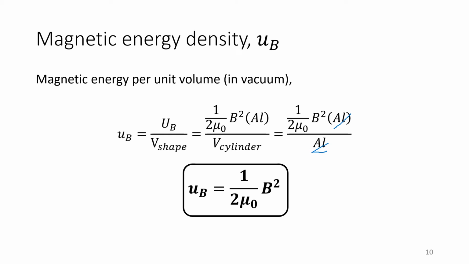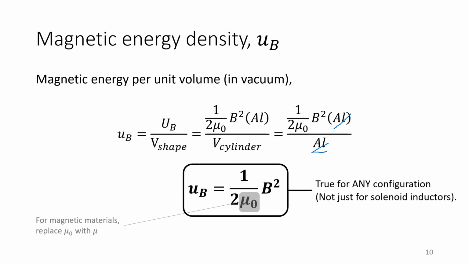Now, should the inductor be immersed in a magnetic material, all we need to do is simply replace mu naught with mu. But then again, that's out of the scope for Physics 72. The usefulness of this magnetic energy density term is that this expression is true for any configuration, and not just for solenoid inductors.